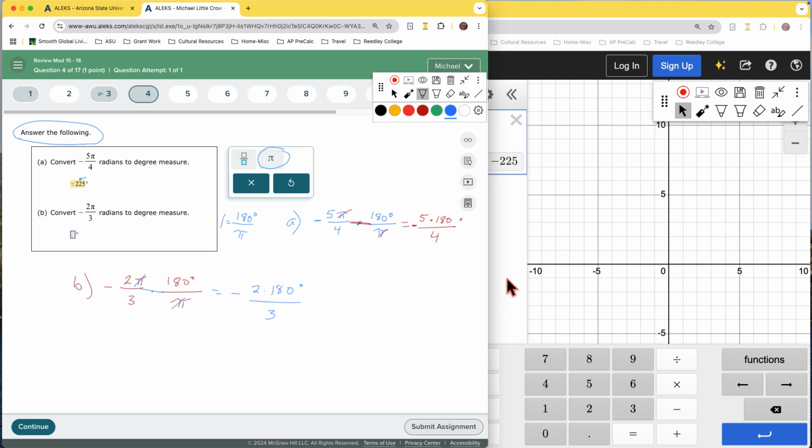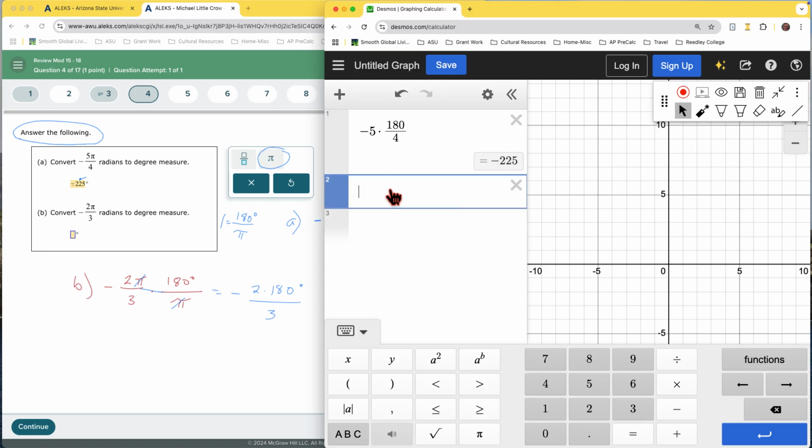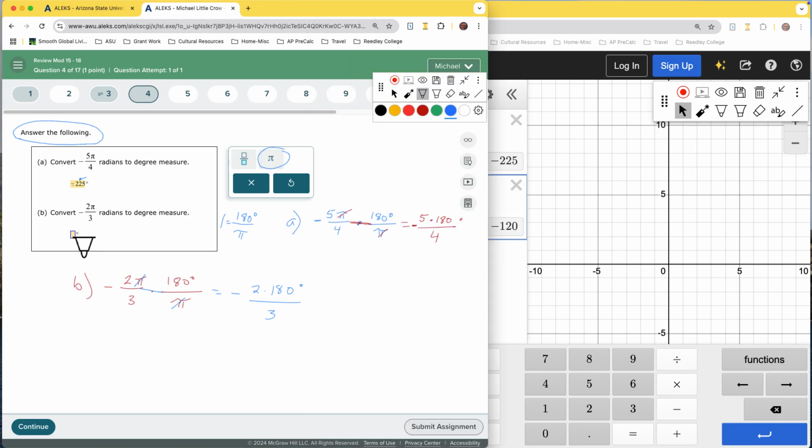I typically do this, especially on an exam, so that I'm not getting any mental errors as I go through this. Divided by 3, and again, I got the negative here, so I might leave it off. It's 120 degrees, negative 120 degrees. So I want to put that in here. And they've already got the degree marker. So that's how to do that one.